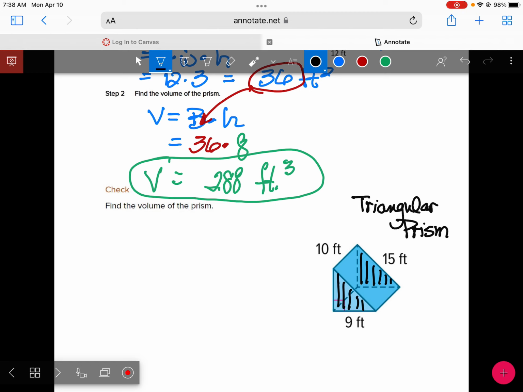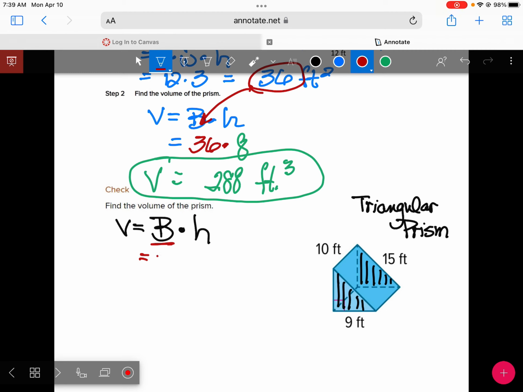So that means I have to calculate the bottom first. So volume equals the area of the base times the height. All right, and we're going to focus on the area of the base first. So for a triangle, does anybody recall what the area of a triangle is? The formula for an area of a triangle?